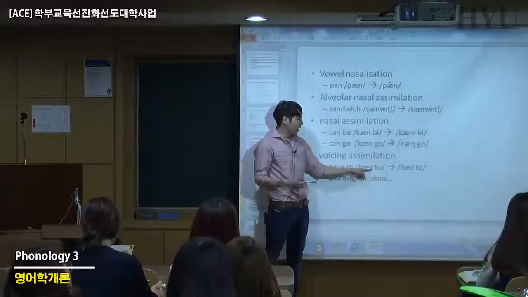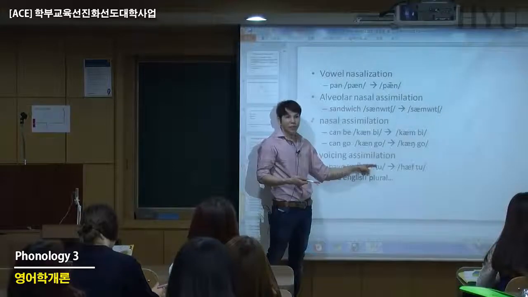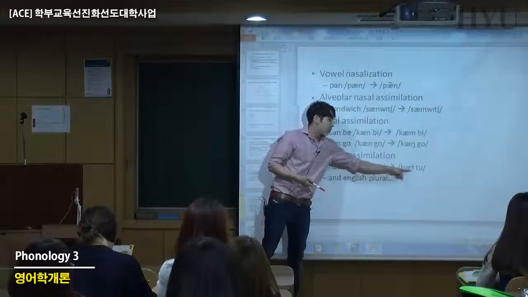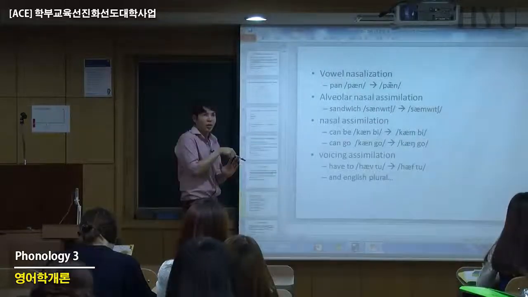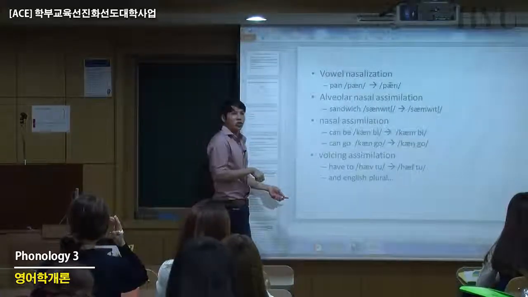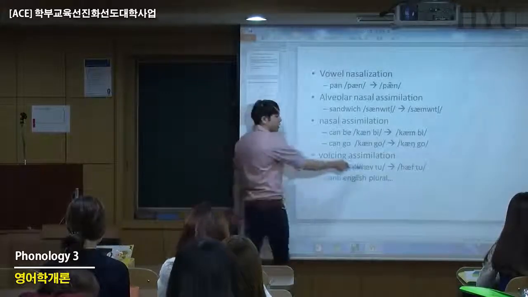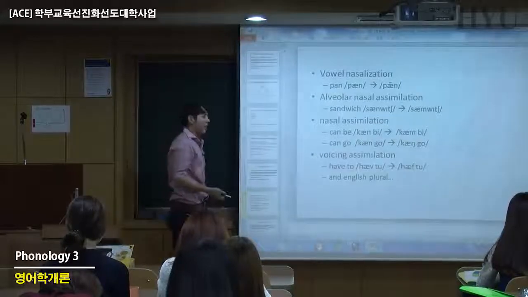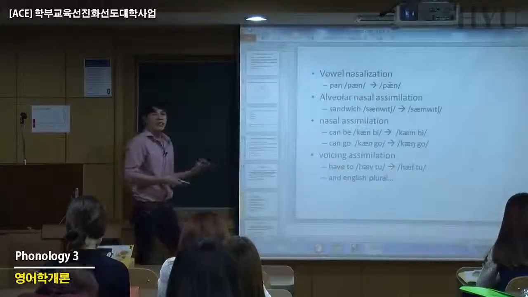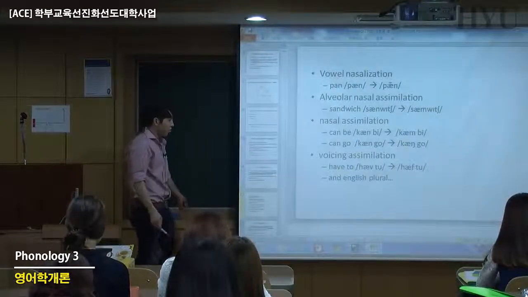So V cannot stay voiced as it is because it's influenced by the T. So the V will change to F, which is the voiceless version of the V, right? So have to becomes "hafta", like that. The voicing is gone from the V to F because of the T, okay? Again, assimilation is the influence of the neighboring sound or the next sound, okay?